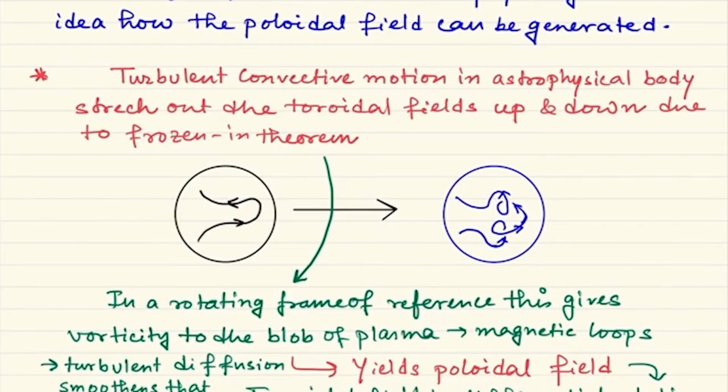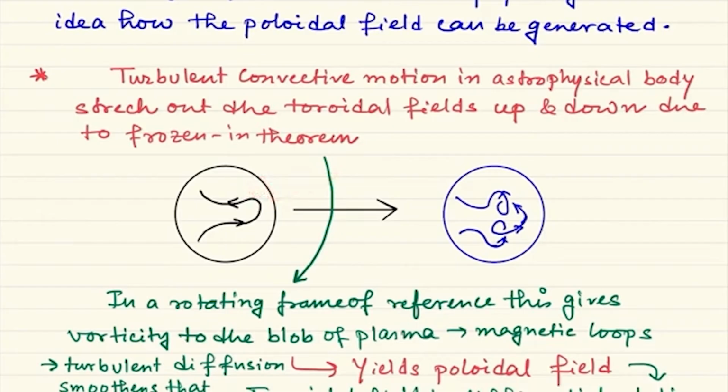Then, as there is turbulent convective motion, and if the body has an effective conductivity which is much larger than the viscous effects, the frozen-in field theorem is approximately valid.